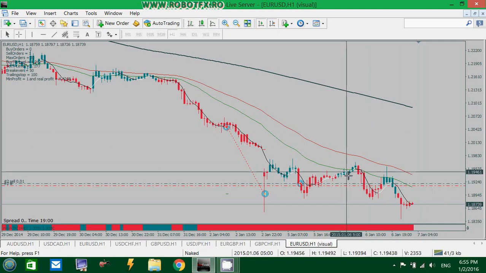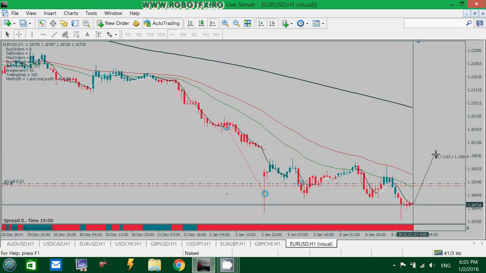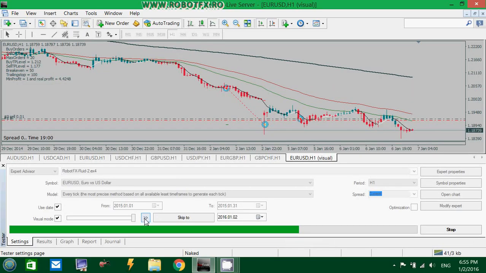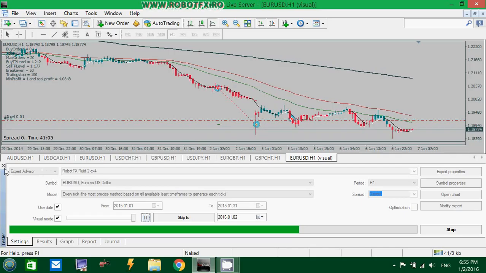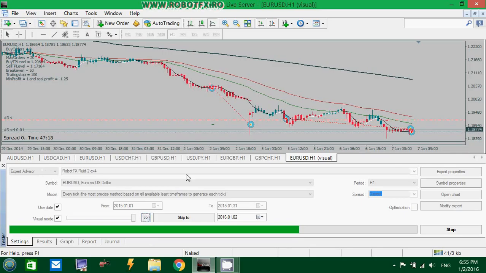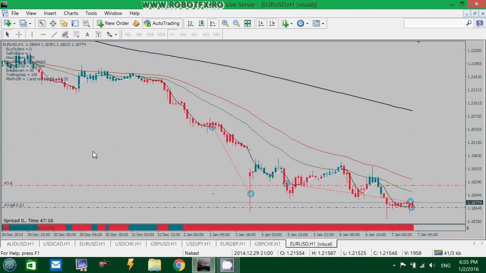So now if the trend reverses, we are covered, we cannot lose it anymore. And by default the Expert Advisor is set to close winning trades once the color of the non-lag moving average changes.